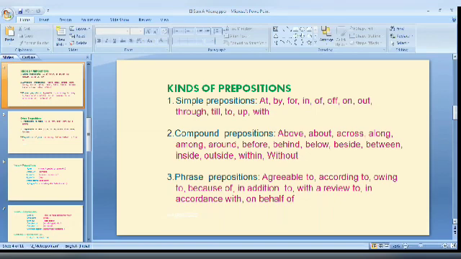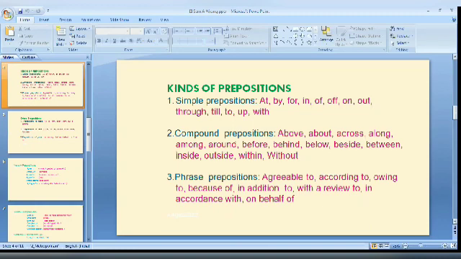At, for example, at we use to indicate the time. Sometimes we use at to indicate a smaller place, a place. And we use the preposition by to indicate the work done by somebody. And we also use the preposition on. Just now we have seen in the previous slide, out. So these are the simple prepositions that we use in our sentences.